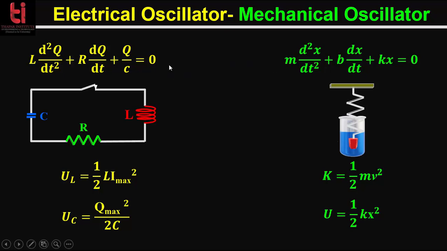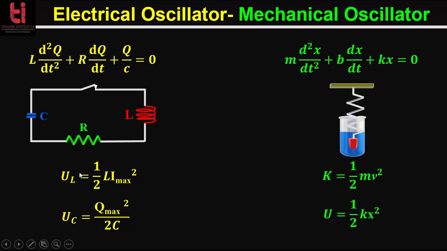If you compare these two equations, you can say that the charge is equivalent to the position, the current is equivalent to the velocity, the potential difference is equivalent to the force, and the resistance is equivalent to the viscous damping coefficient, that is B. The capacitance in this LCR circuit is equivalent to 1 by K, where K is the spring constant, and the inductance, that is L, is equivalent to the mass of the system. So d2q by dt2 is equivalent to the acceleration of the system, and current, that is dq by dt, is equivalent to the velocity, that is dx by dt.